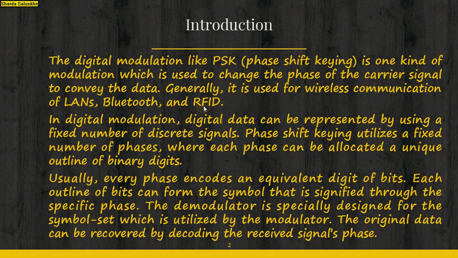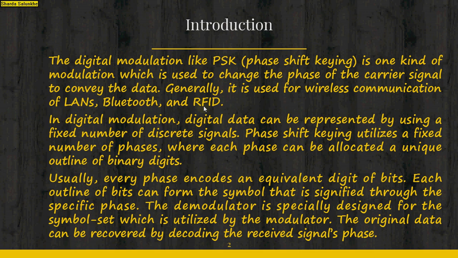In digital modulation, the digital data can be represented by using a fixed number of discrete signals. Phase shift keying utilizes a fixed number of phases where each phase can be allocated a unique pattern of binary digits. Usually, every phase encodes an equivalent number of bits.